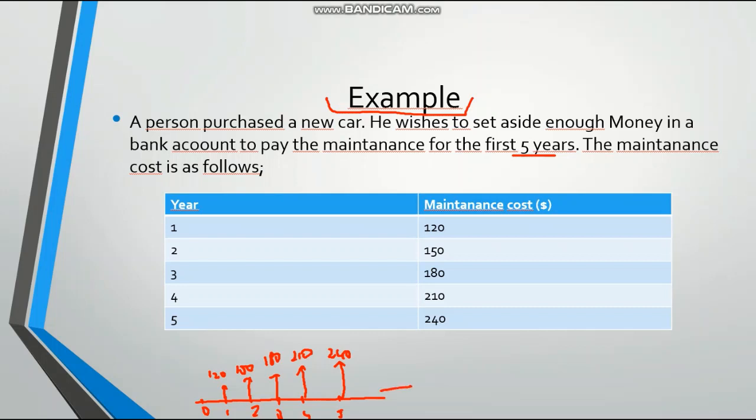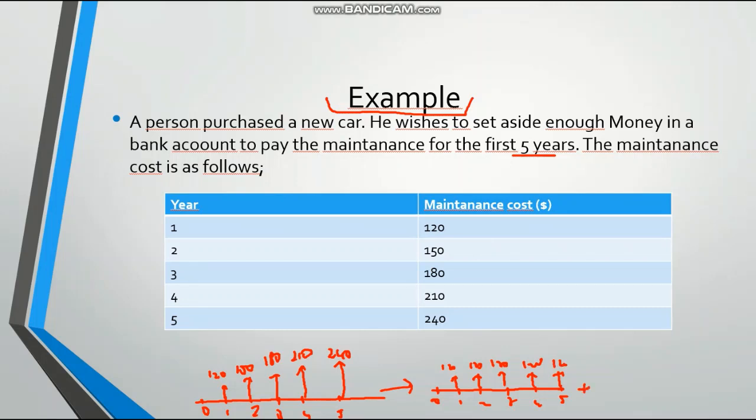It's very easy to see that it can also be described by years 1, 2, 3, 4, and 5. As an annual series, each year he pays 120, 120, 120. After the first year, you spent 120 and 120.